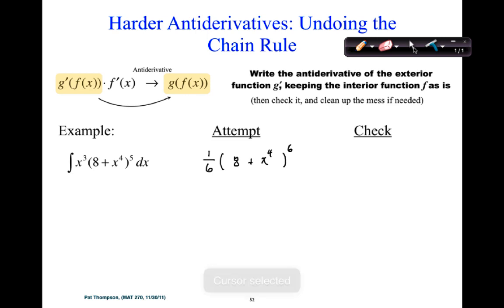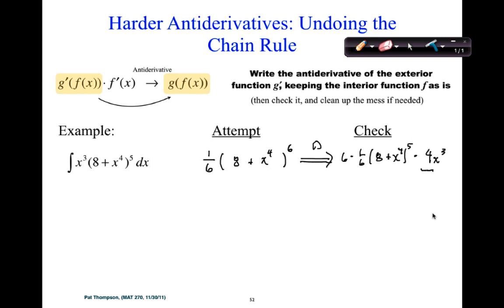So we check it. How do we check it? Derivative. We take the derivative, and we get 6 times 1/6. This is all about the chain rule. X to the fourth to the fifth times 4x cubed. Then we ask ourselves, is that exactly the same as the rate function we were given? How is it different? It has an extra multiple of 4. So that tells us how to adjust the first attempt so that if we checked it again, the 4 would not be there.